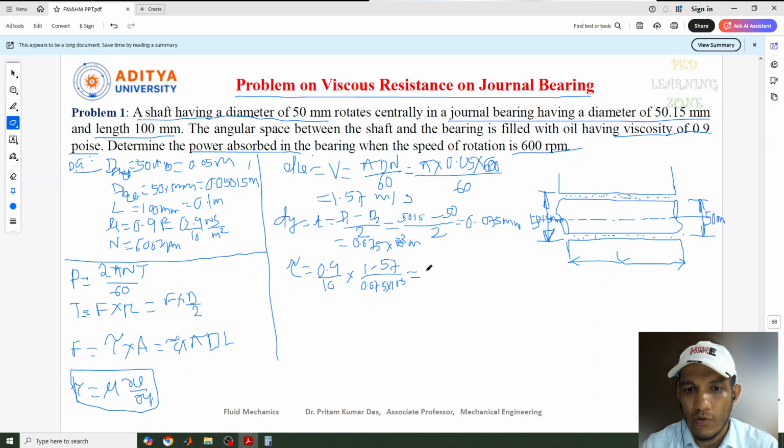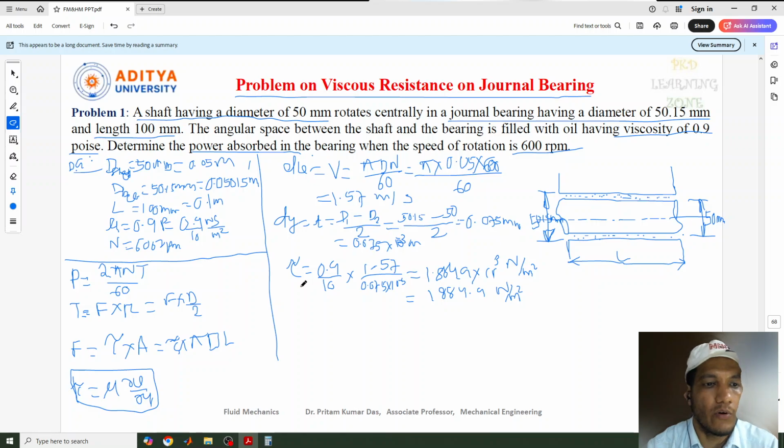The 10 to the power minus 3 is in the denominator, so when you take it to the numerator, it will be 10 to the power 3. This we can write in Newton per meter square. If you expand this value, you get 1884.9 Newton per meter square. So this is the value of tau, or shear stress.